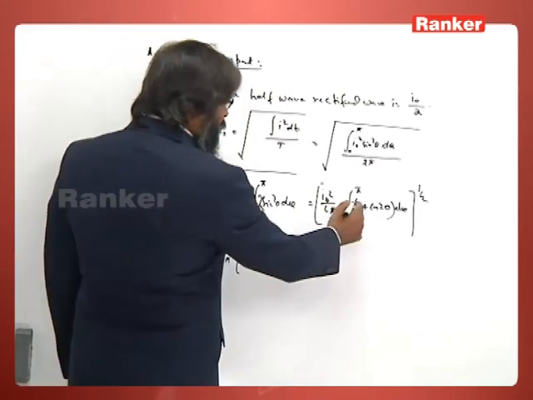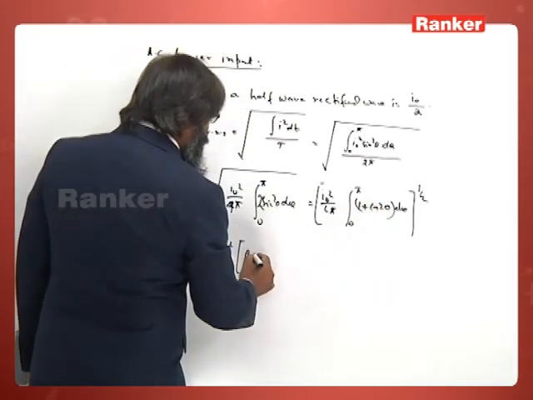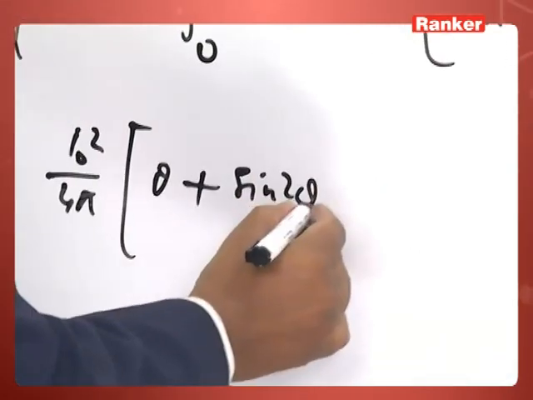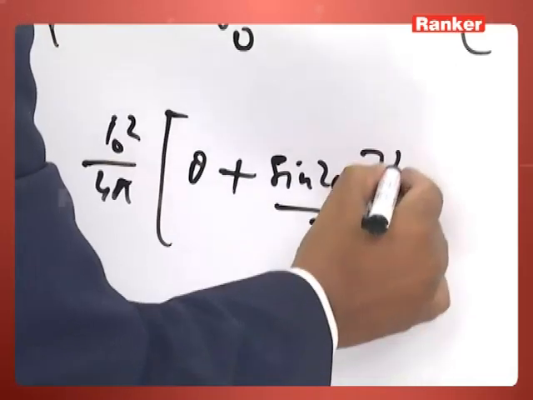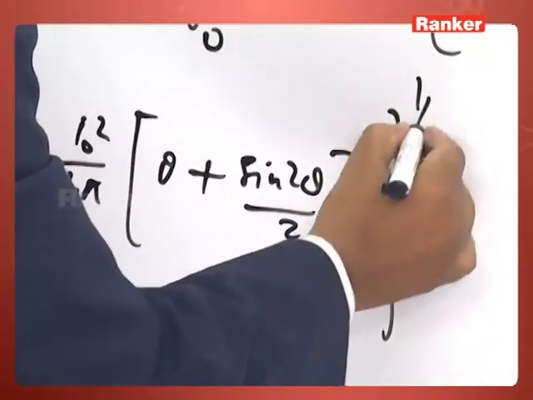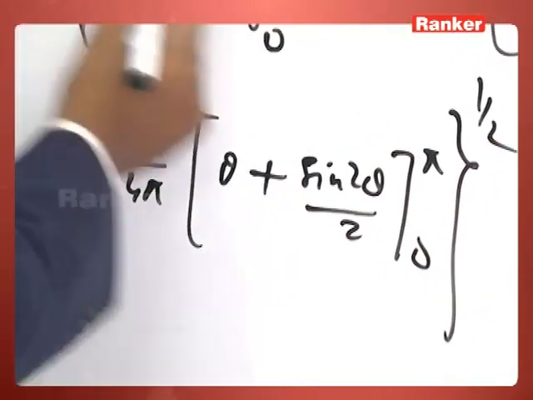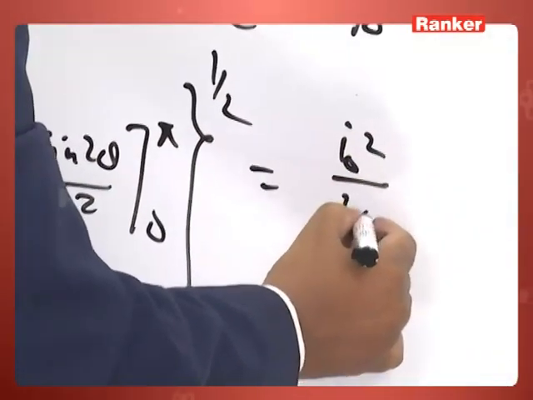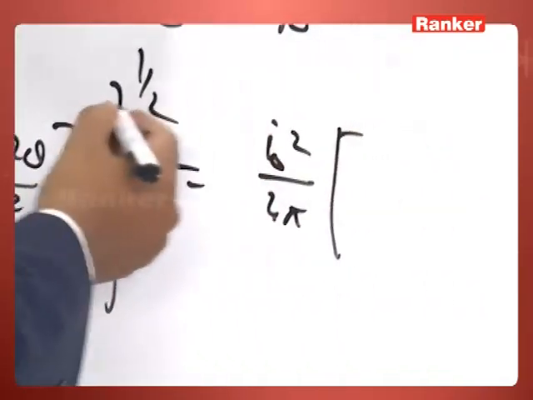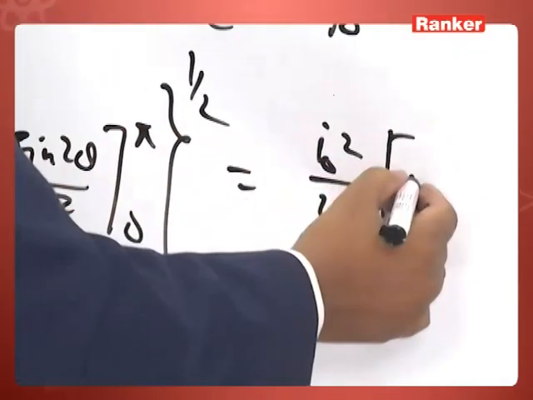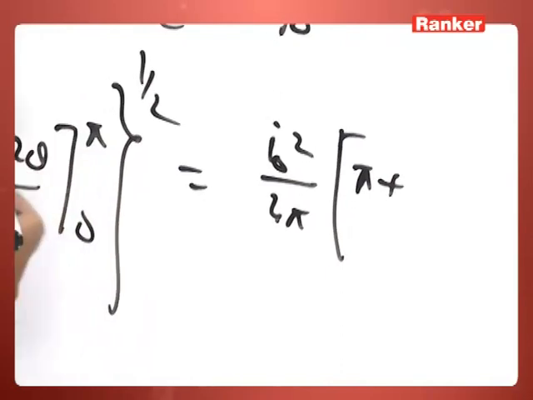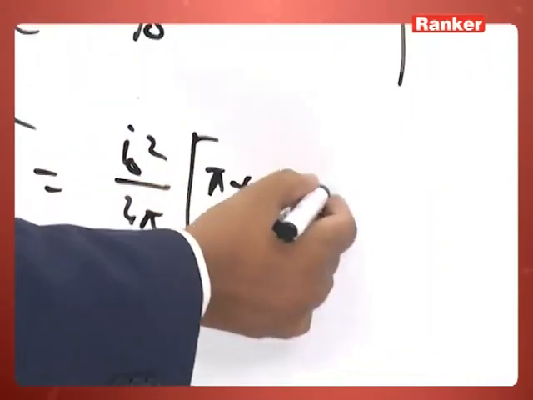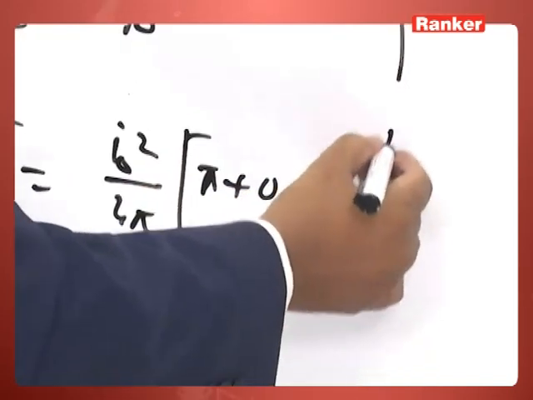You see here, this is theta plus sin 2 theta by 2, limits from 0 to pi, to the power half. This is the IRMS for half wave rectified input. So you put pi plus sin 2 pi, which is 0, minus 0, to the power half.